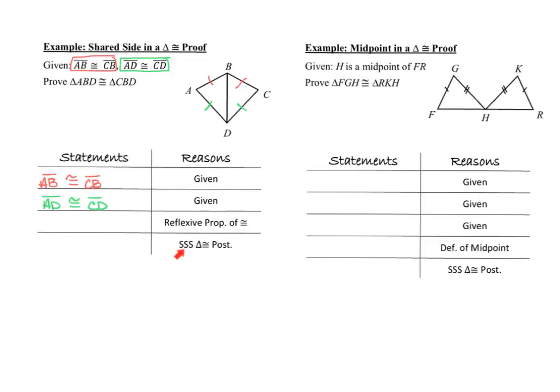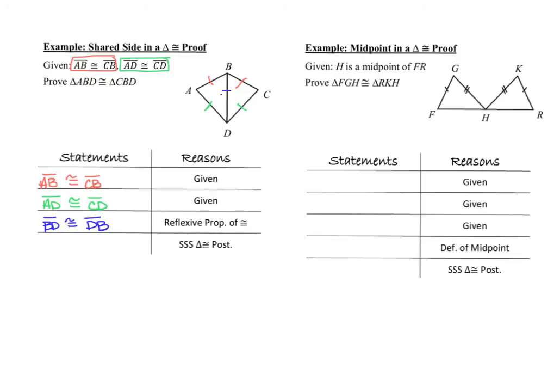So to prove that the triangles are congruent by side-side-side, we have to prove that this shared side in the middle is the same length. And it's kind of obvious. If the two triangles share a side, then it's going to be the exact same on both triangles. And this is the reflexive property. So segment BD is going to be congruent to segment DB.